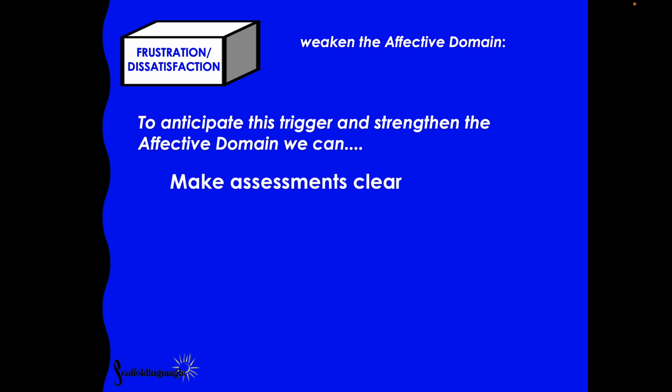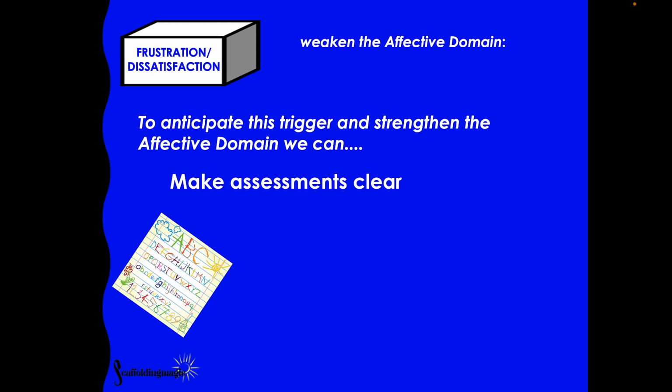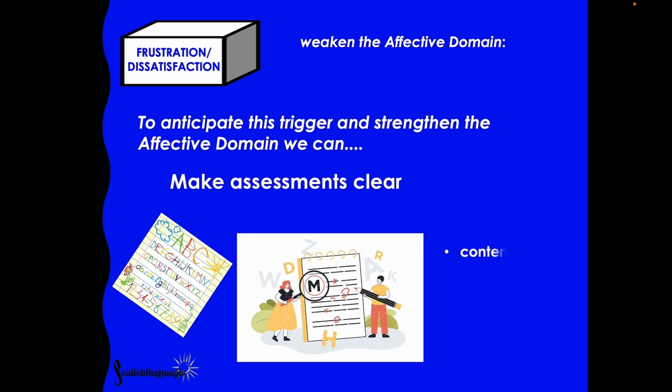Students can become really frustrated when the assessment criteria for any task or exam is not clearly outlined. So for instance, they might think they're going to be assessed on handwriting, and in the end they're also assessed on punctuation. Or they think that they're going to be assessed on content, and then they find out that grammar also is being assessed.